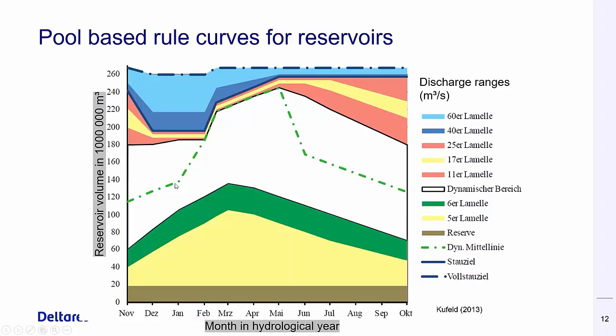For the same volume, 200 for example, we have a different release. Here it's only 25 for the 240, and for the minimum flow here, 5 and 6, this curve goes a bit higher, so we start earlier to go down to the minimum flow because there's less water flowing into the reservoir in the summer.